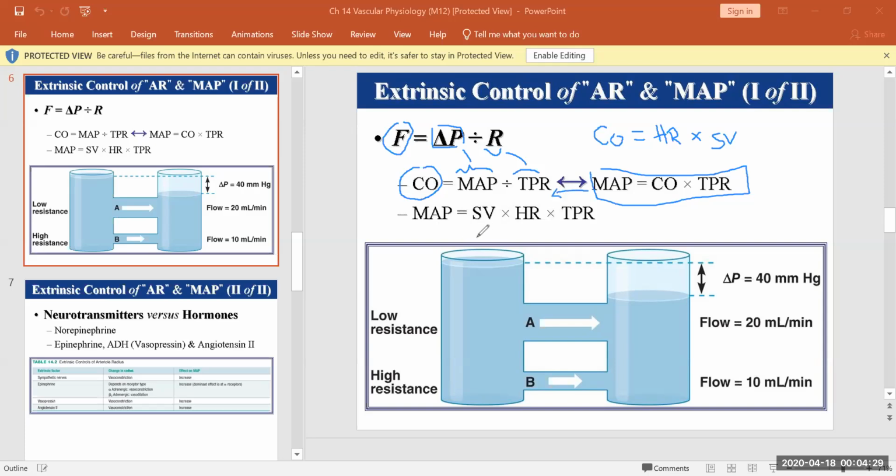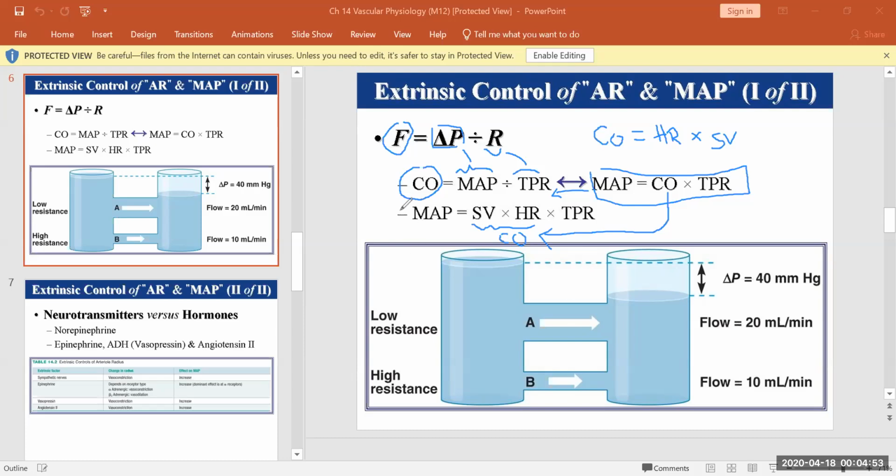You see MAP equals HR times SV times TPR. This here is your CO, okay, so that CO is right here. So instead of saying CO, you plug in HR times SV.